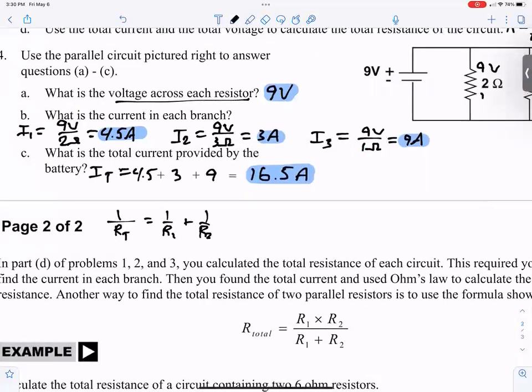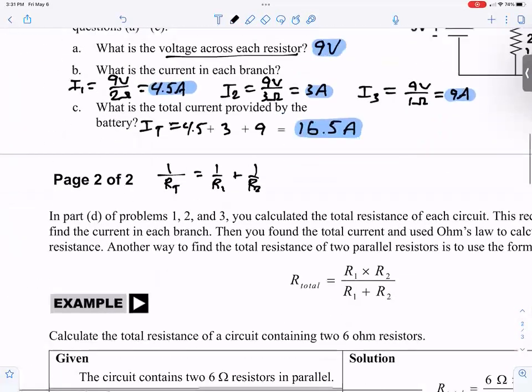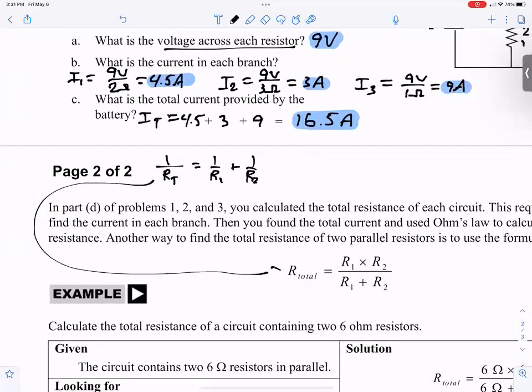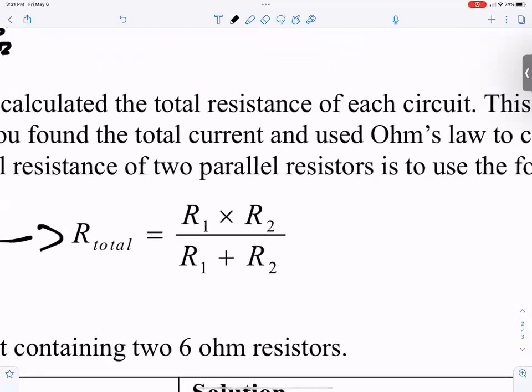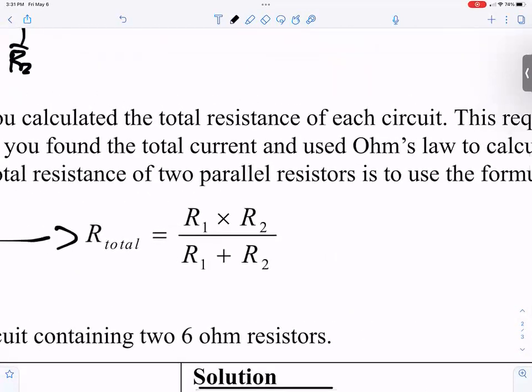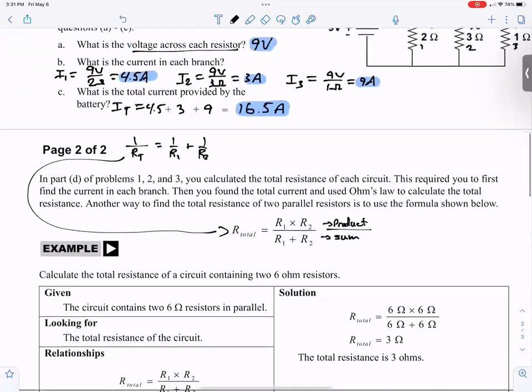We showed in class how you can transform this equation into this equation here. So what is this equation for total resistance? Total resistance in parallel is the product of the two resistors divided by the sum of the two resistors. And that's ultimately what we're going to be practicing.